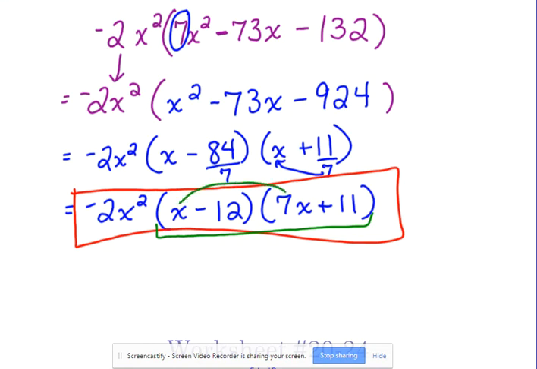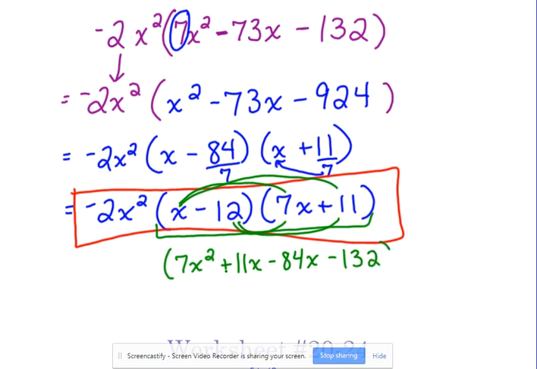X times 7x is 7x squared. The outside, x times 11 plus 11x. Inside, negative 12 times 7, negative 84x. Last, negative 12 times 11 is negative 132.